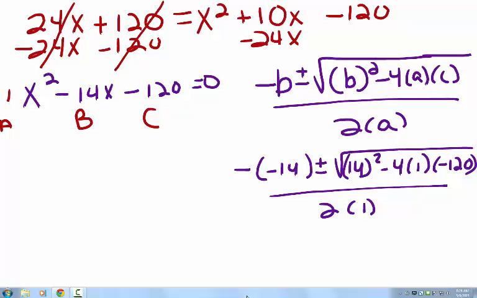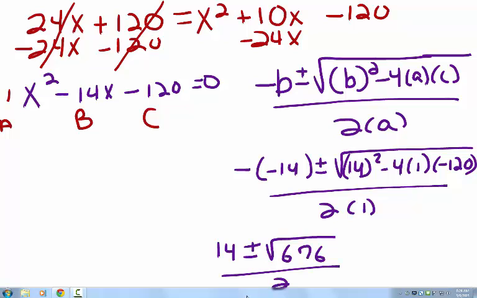Simplifying the terms in the radical, we end up with 14 plus or minus the square root of 676 over 2. And 676 happens to be a perfect square. The square root of 676 is 26. So now we have 14 plus or minus 26 over 2.